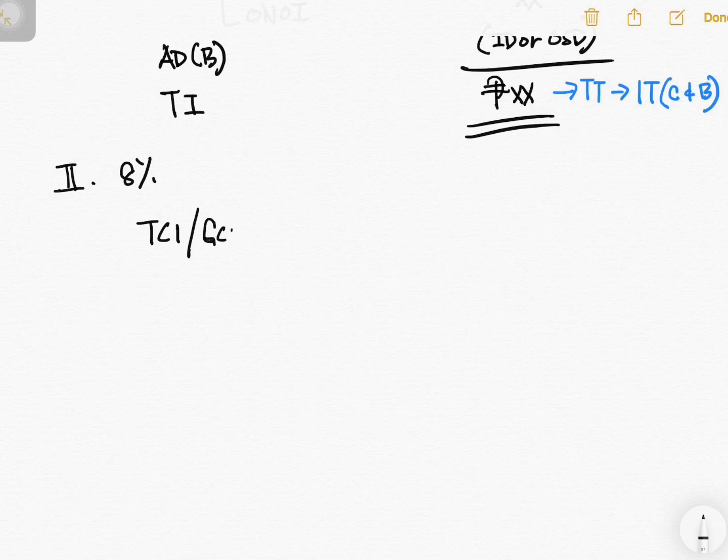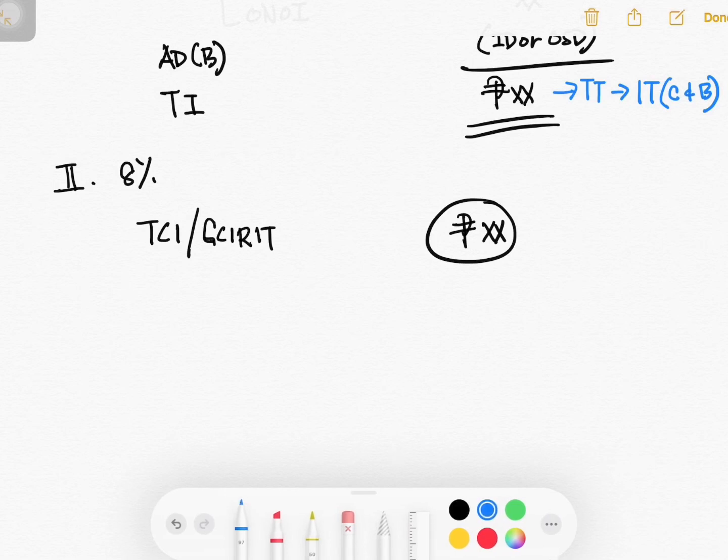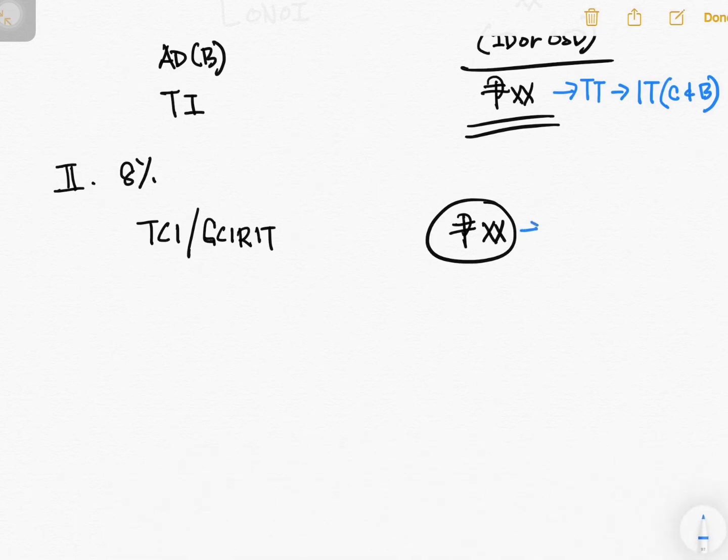This is also your gross compensation income subject to regular income tax. But for this one, after writing it here, you automatically go to your tax table to get your income tax on compensation. This is what you do if you are using 8%.